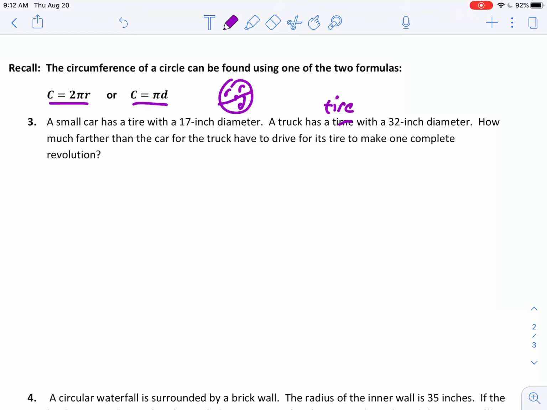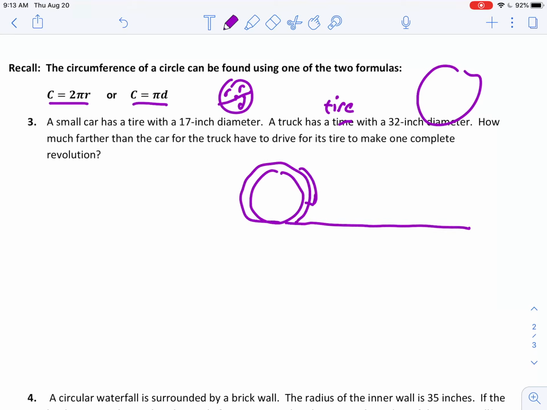Okay, one complete revolution of a tire is the distance around the tire. If you think about it, if a tire is rolling, basically it's going to roll the same distance as one complete revolution, the distance around the circle. So basically I'm just comparing the two circumferences.